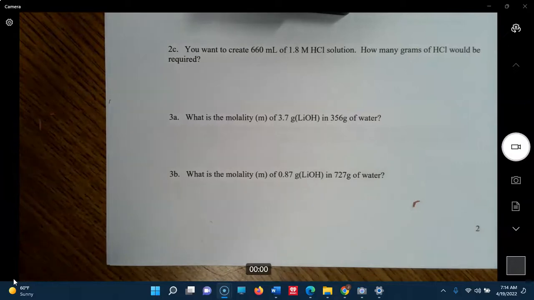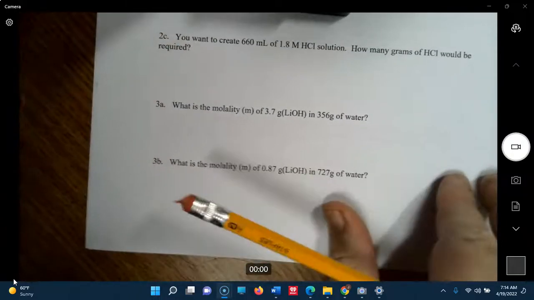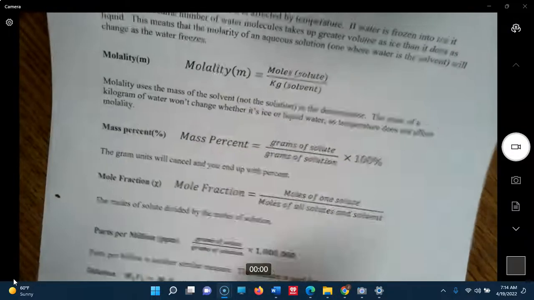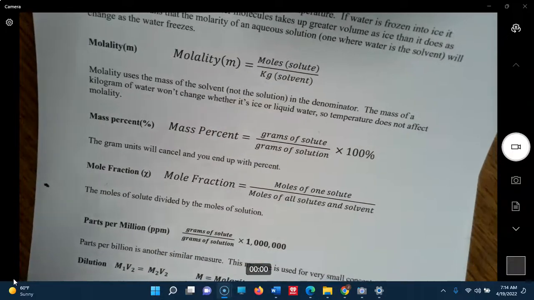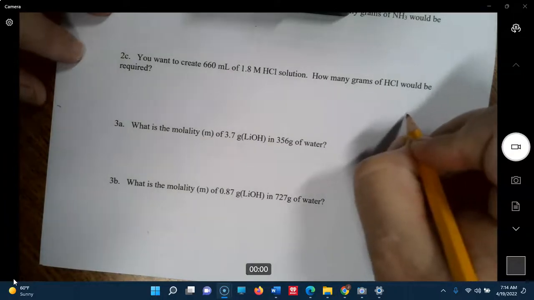What is the molality of 3.7 grams of LiOH in 356 grams of water? Okay, so you come over here and write down what molality is. Go back to the cover sheet. Molality is moles of solute over kilograms of solvent. So we're going to write that down here.